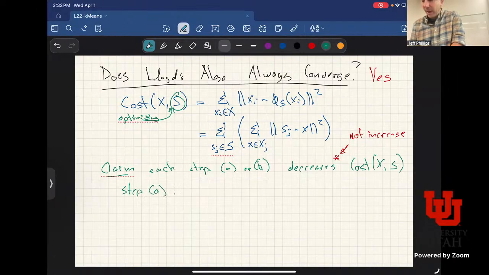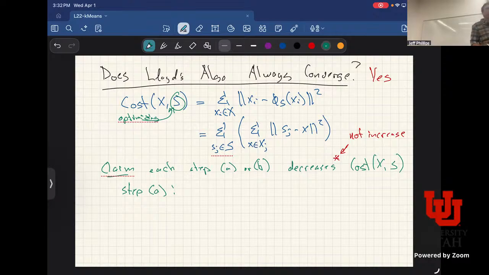So for step A, I just need to say that this cost function is going to decrease every time I run either step A or B, right?